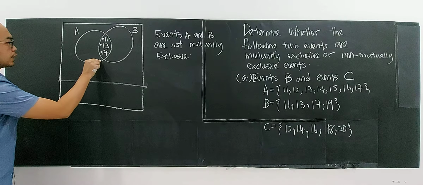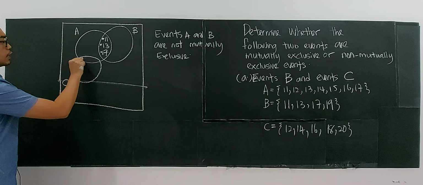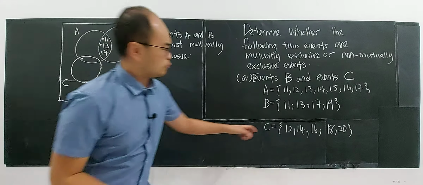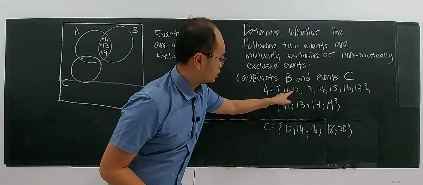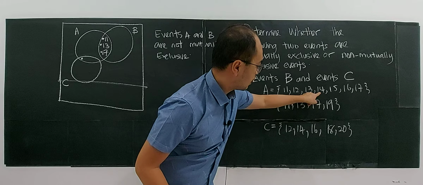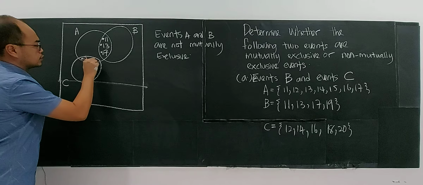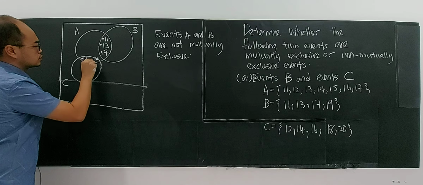There is a sharing between A and C, which is 12, 14, and 16.